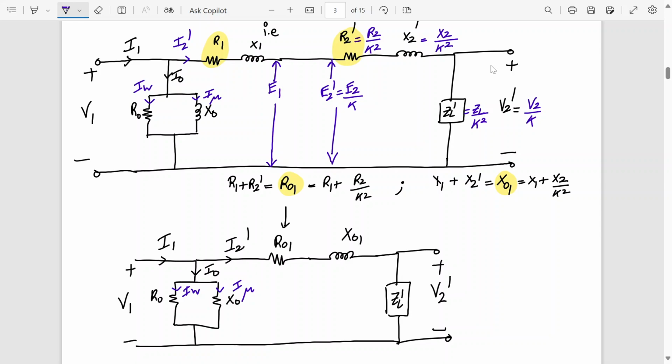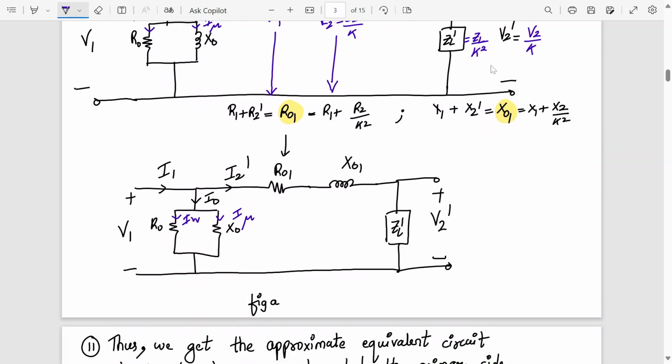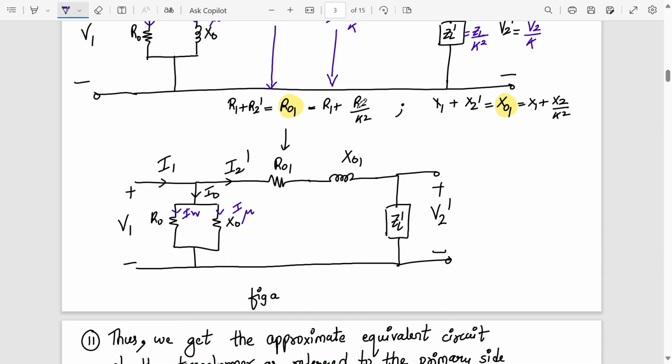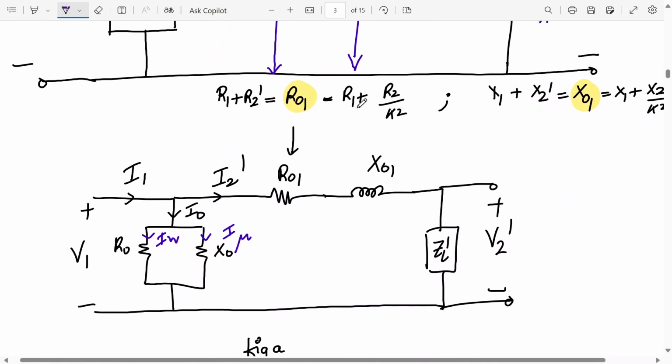Please complete this diagram now. So this diagram gets simplified into this, where RO1 is R1 plus R2 dash, XO1 is X1 plus X2 dash. So please draw this diagram now.